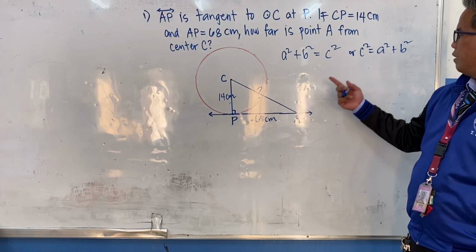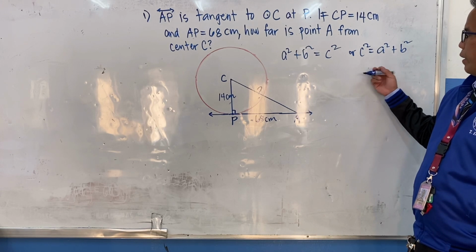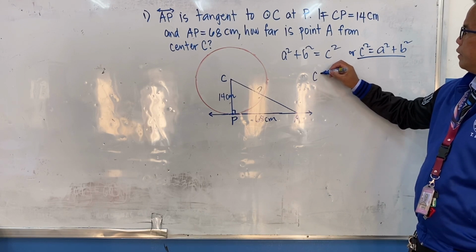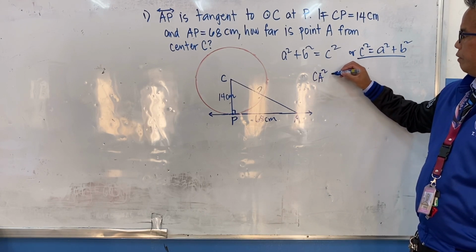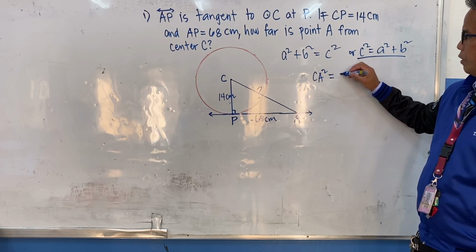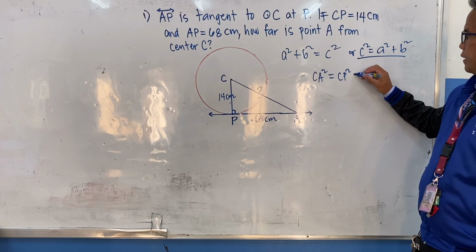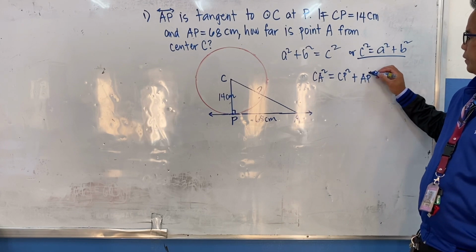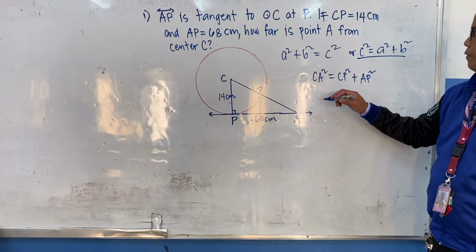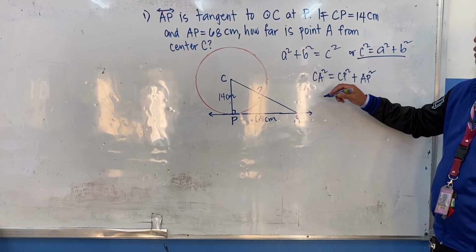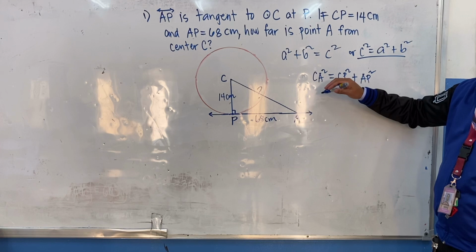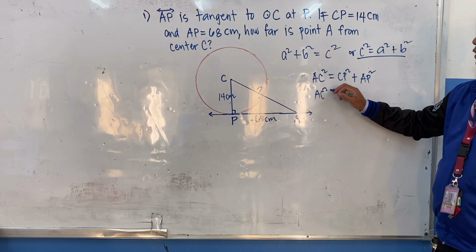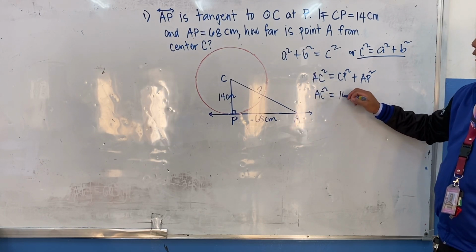Now, substituting, we have CA squared equals CP squared plus AP squared. Then we can write this as AC squared.